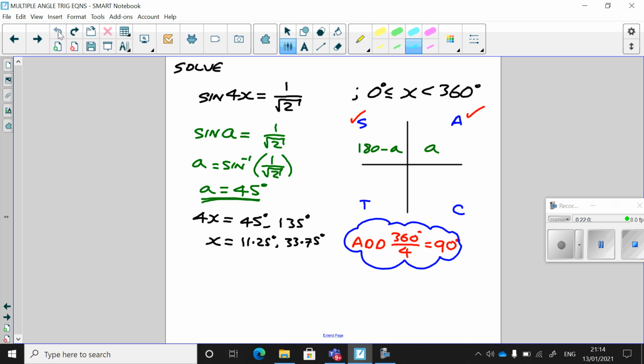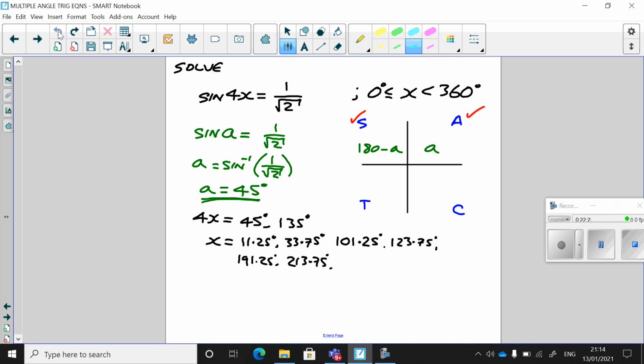So we're going to add 90 to both those solutions for single x, start adding 90 in pairs. That's my next two pairs. Again, take 90 and add it to both of those. That's my next two. Take 90 again and add it to both of those.